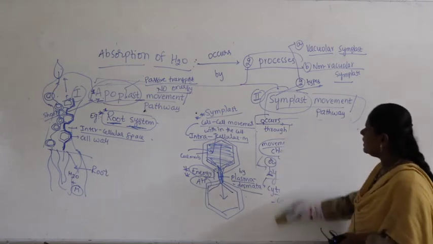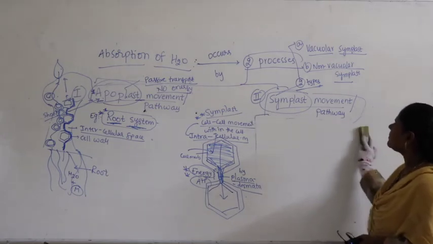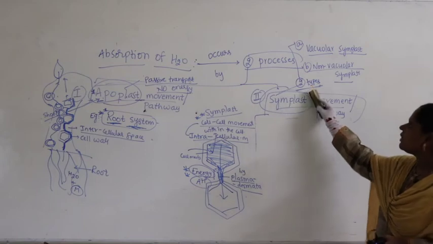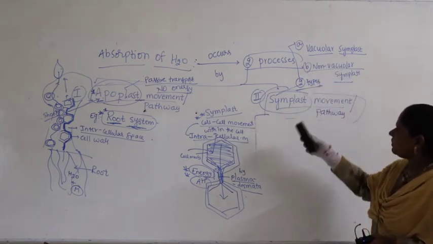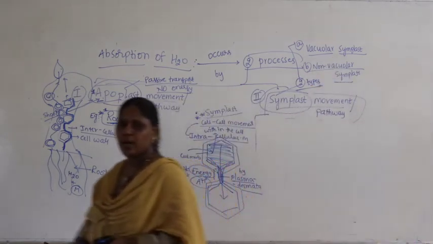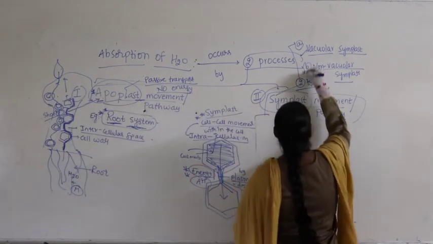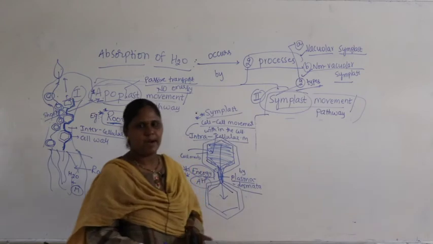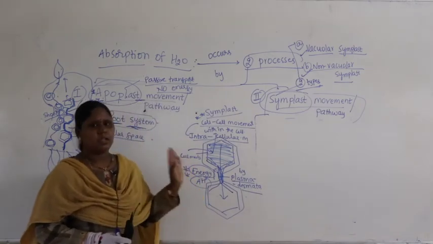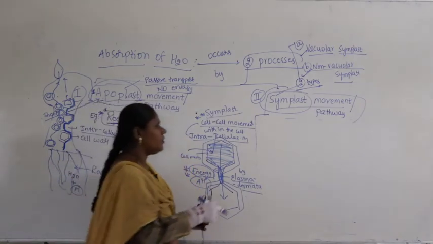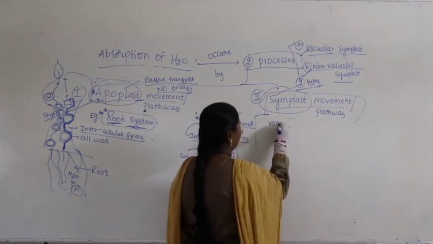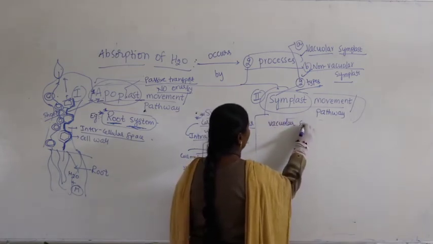What else do we have to study here? In the beginning we said symplast is of two types. How many types? Two types. What are they? Vacuolar symplast and non-vacuolar symplast. What is a vacuolar symplast and what is a non-vacuolar symplast? Very simple, try to understand. First I am writing vacuolar symplast.